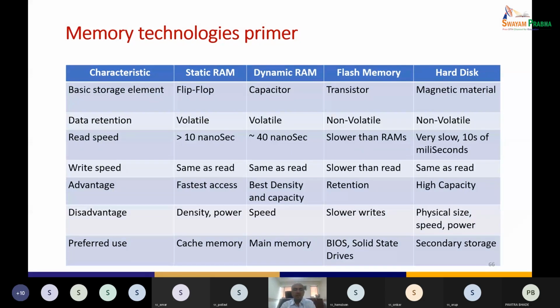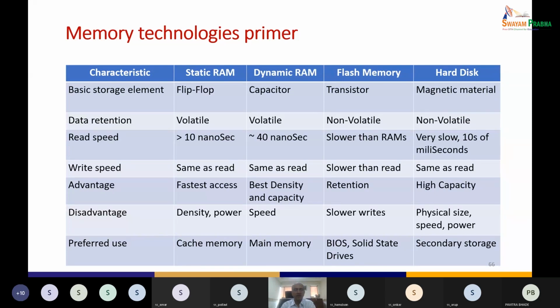And the flash memories are much slower, so you cannot use them for this; they are good for a thumb drive or something like that. And hard disks are definitely used as a secondary storage medium. So in cache systems, we will always use static RAMs because we want speed.